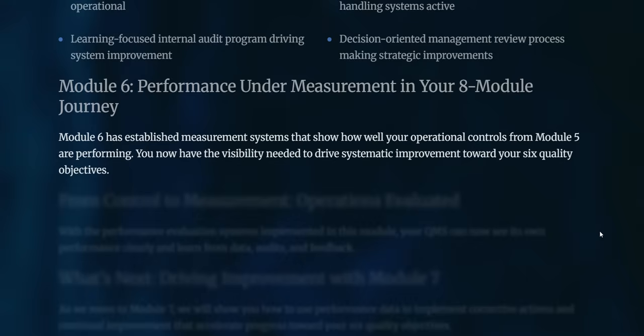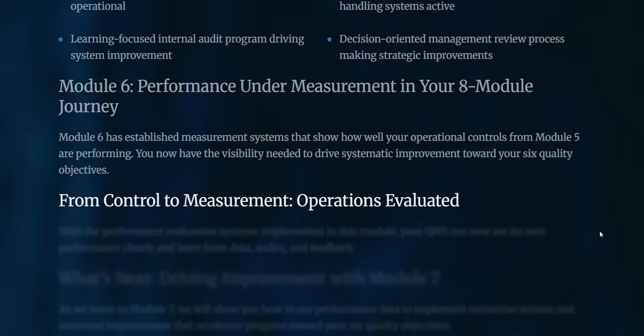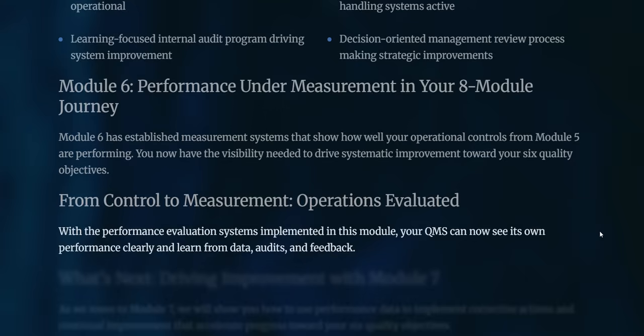We now have the visibility needed to drive systematic improvement toward our quality objectives. From control measurement to operational evaluation. With the performance evaluation system implemented in this module, our quality management system can now see its own performance clearly and learn from data, learn from audits, and learn from feedback.